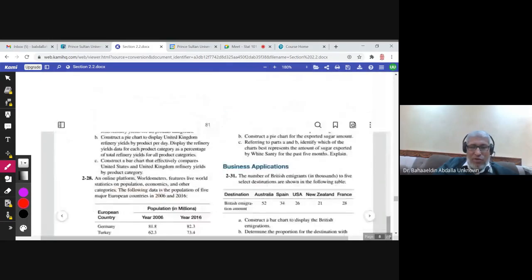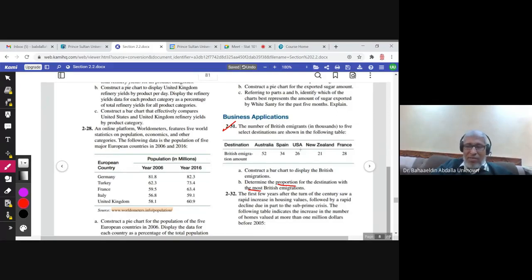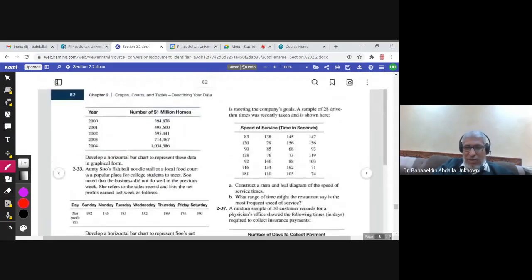Please solve also 2.31: construct a bar chart. I think the bar chart is easy, and determine the proportion. At most, the most would be 52 here, but to determine the proportion, you need to divide 52 by the total. And also 2.32.